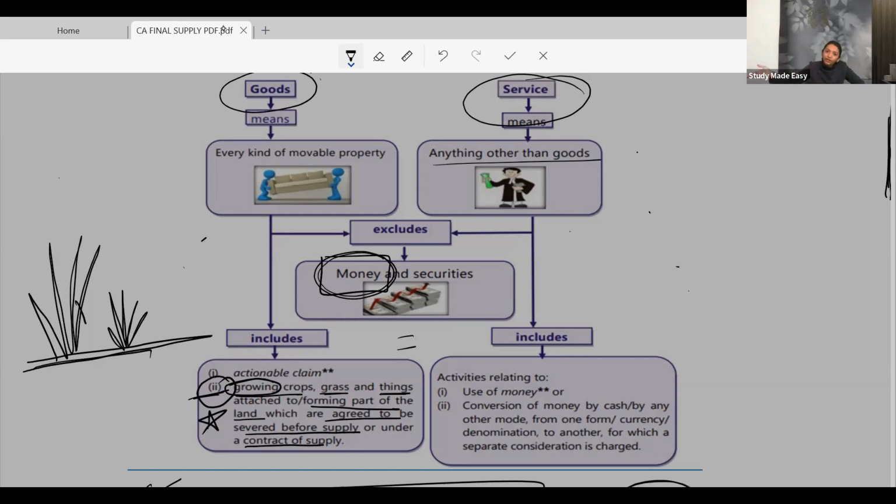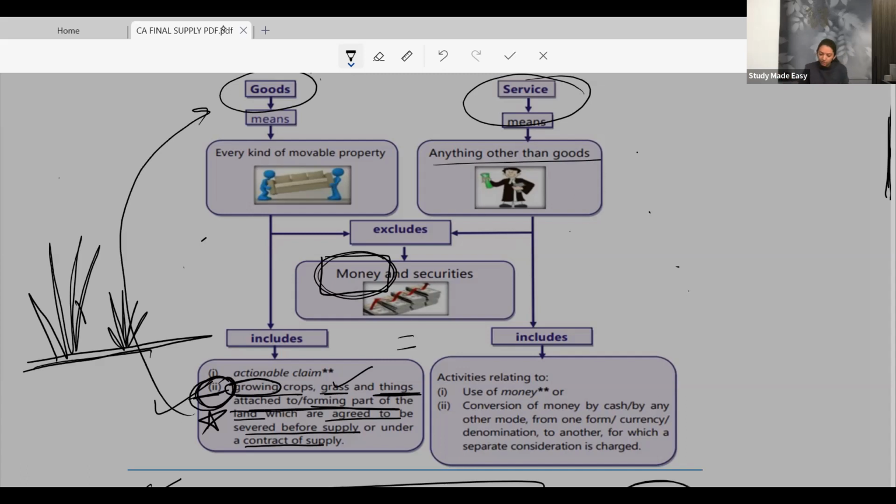But what about growing crops? They are not movable, and they are also not immovable. So it specifically says growing crops, grasses or things attached to or forming part of the land. My tower, a telephone tower, that is also not land or building. So they are saying these are all nothing but goods.